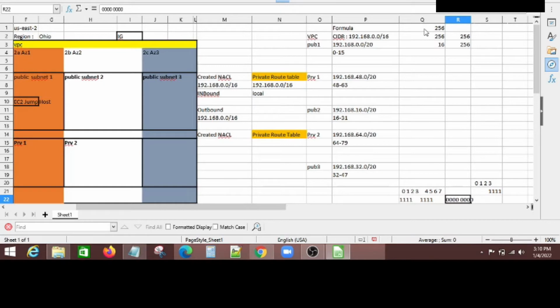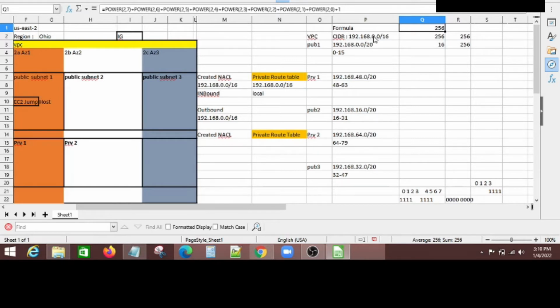So if I show you this formula right here, this is the formula I used to calculate how many IP addresses will be present for the third octet. 256 addresses will be there.